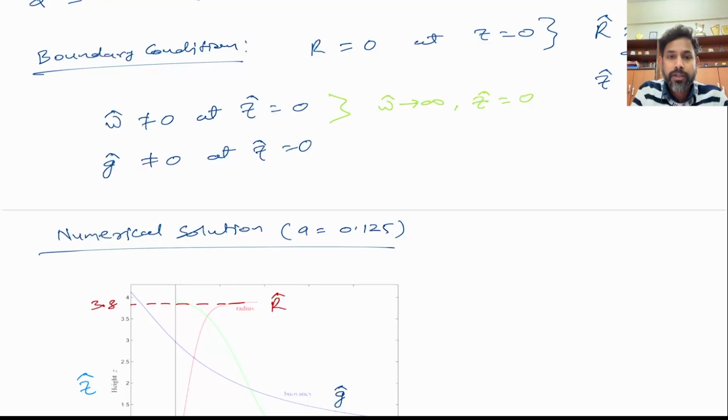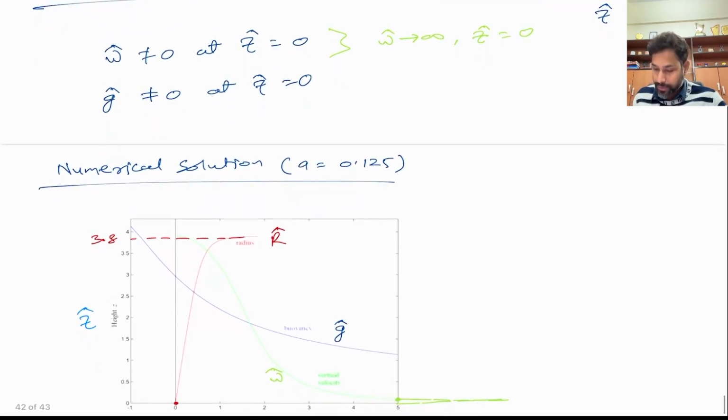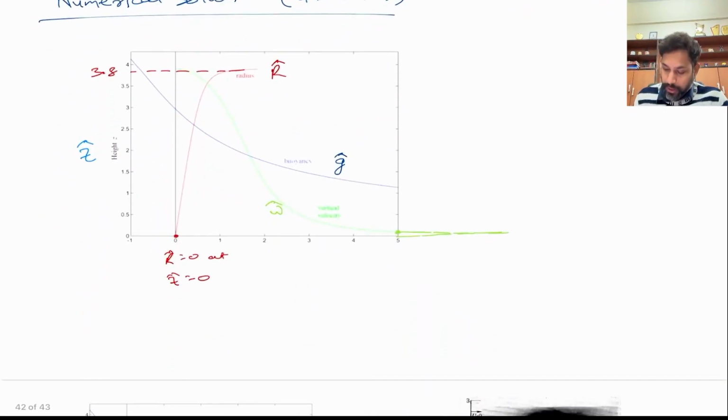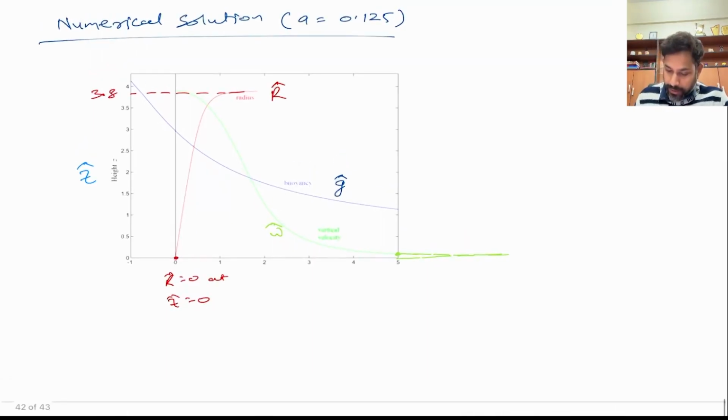But obviously we cannot define it as infinity, and that's why we just considered that as an assumption. Okay, so w hat is extremely large at z equal to 0, and you can see as we go up or away from the source, w hat decreases, or the plume velocity decreases, and then there is a point, around z hat at 3.8, when your vertical velocity becomes almost equal to 0, right?